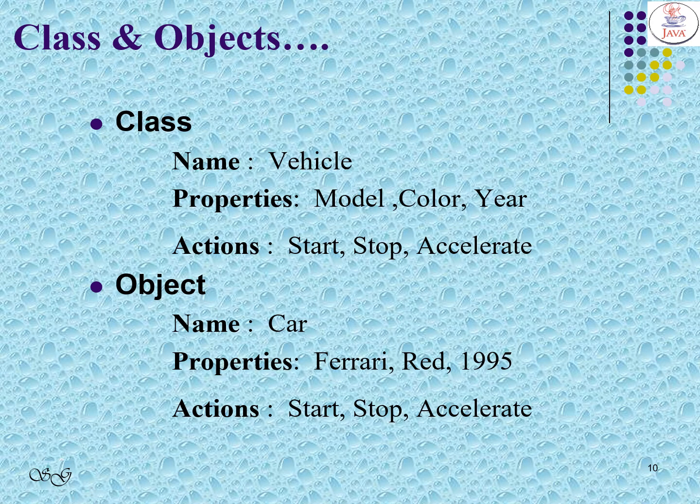Now let us understand object and class with some examples. We have a class by name Vehicle, which defines the properties like model, color, and year of making. The actions, that is behavior, are defined as start, stop, accelerate.